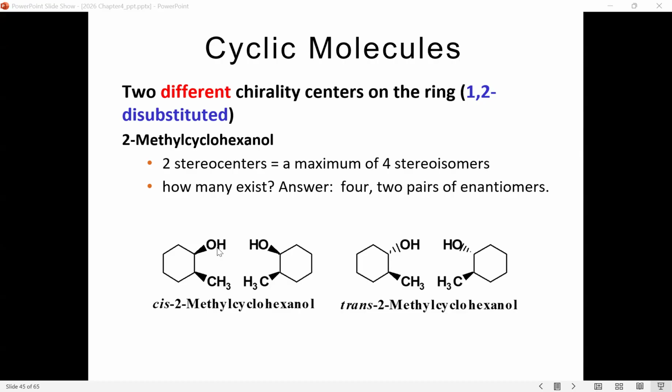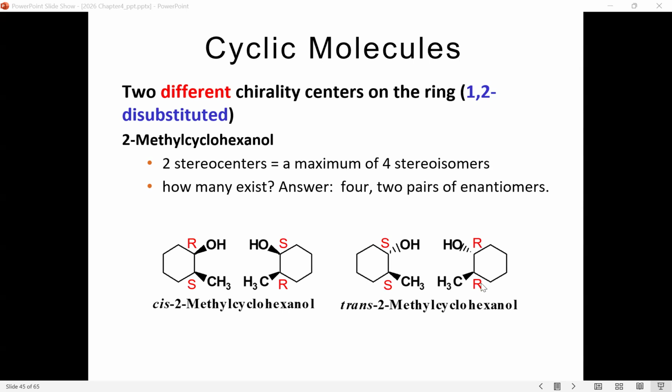For the cis 2-methylcyclohexanol, you can see there are two structures. Both are cis, and they are enantiomers of each other. One is R,S and the other is S,R. The similar thing holds for the trans. There are also two trans structures, one is S,S and the other is R,R.